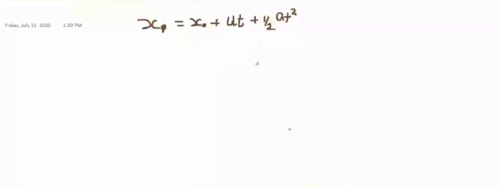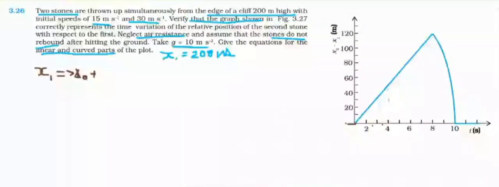Now we can take any particular time. We can take 4, 6, because we want to verify the graph. So we take time t equal to 4 seconds, and the acceleration is g, we have to take minus 10 meter per second square, because both the stones are thrown upwards.